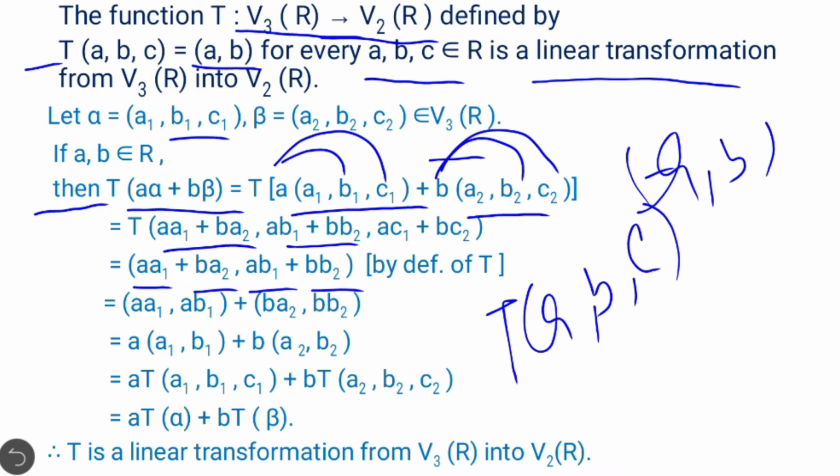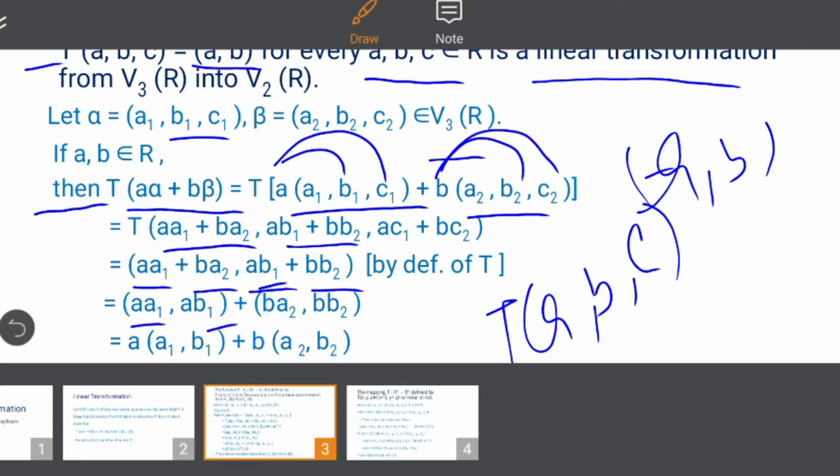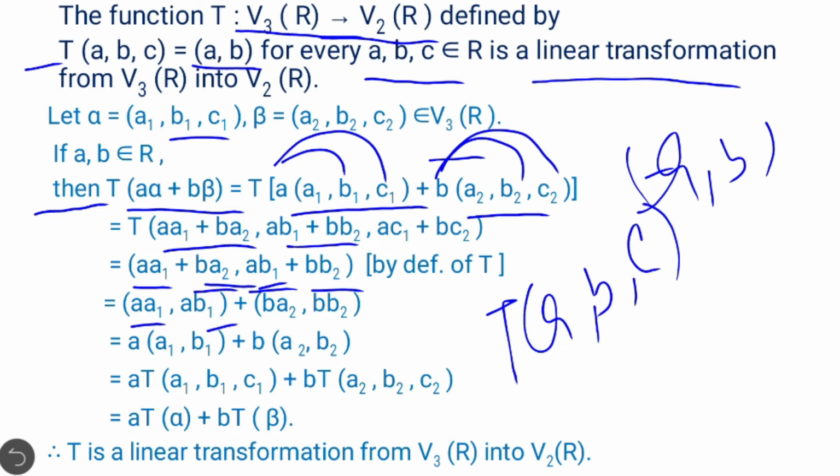We can rearrange this as (a a1, a b1) + (b a2, b b2). Take a common from this term. We have a(a1, b1) + b(a2, b2).